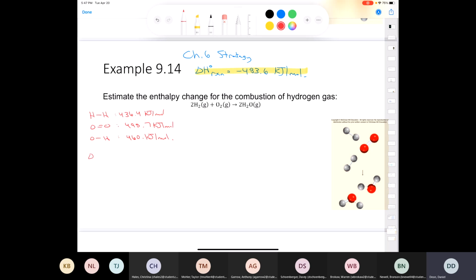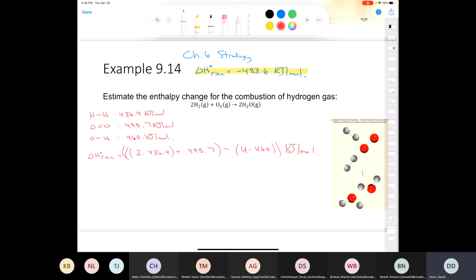We have the delta H naught for this reaction using bond enthalpies is going to be equal to 2 times 436.4 plus 498.7. We'll put all that in brackets. Subtract 4 times the value of the oxygen-hydrogen bond, which was 460.